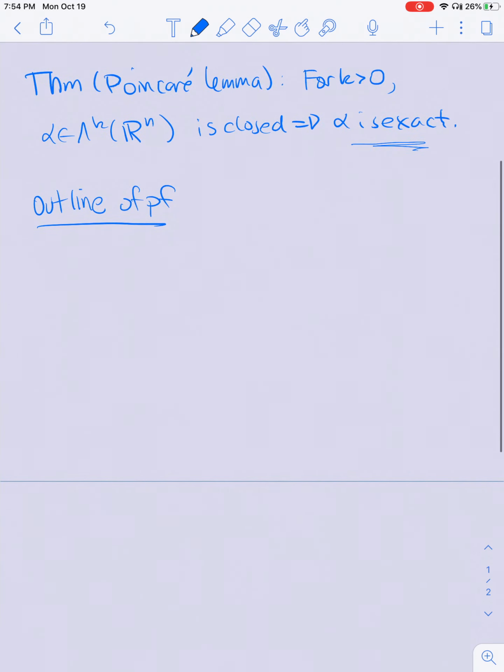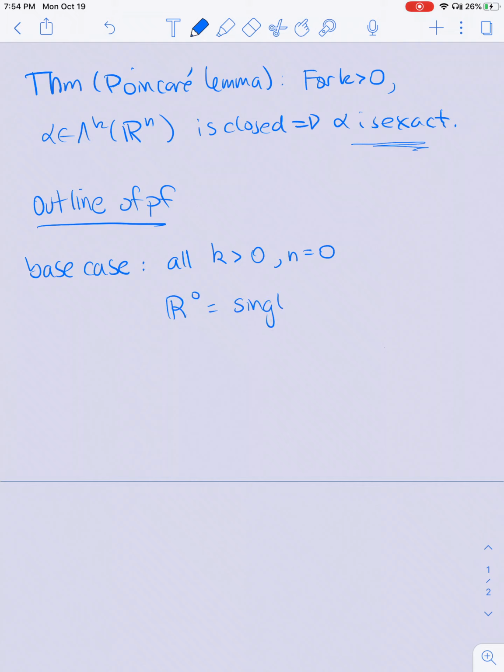All right, I'll leave the lemma there. The method that we're going to be using is induction. And the base case is going to be all differential k forms where k is greater than 0, but when n is equal to 0. Notice that R0 is just a single point.